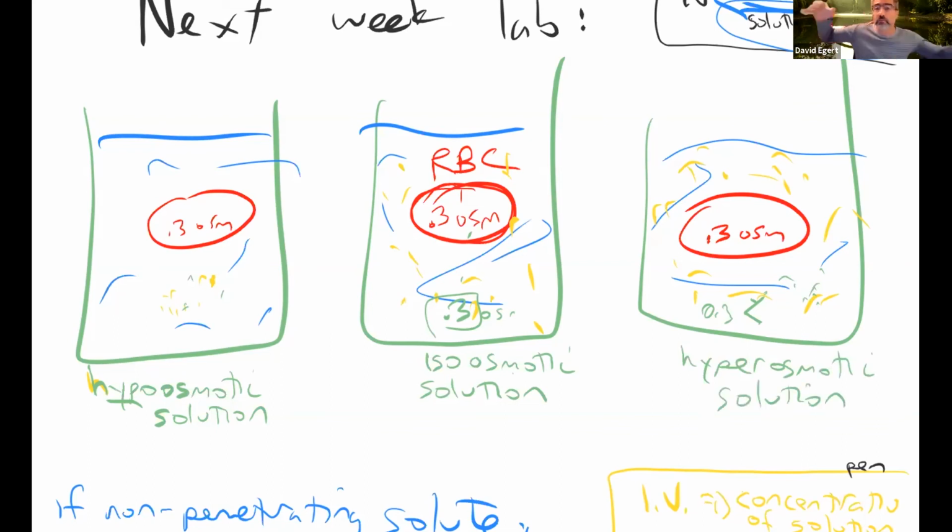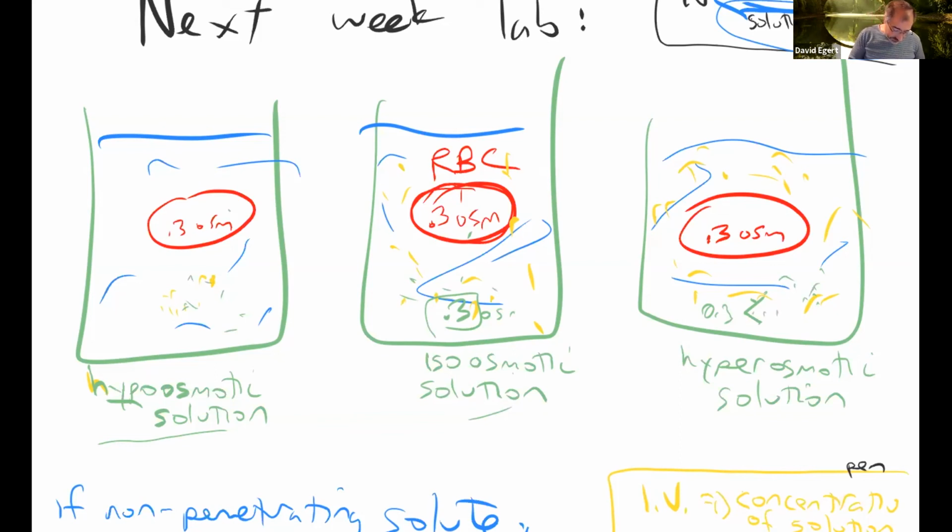Hyper means more. Hyperactive, more active. So hypoosmotic meaning less than 0.3 in the solution. Isoosmotic means exactly 0.3 in the solution. Hyperosmotic greater than 0.3 in the solution.